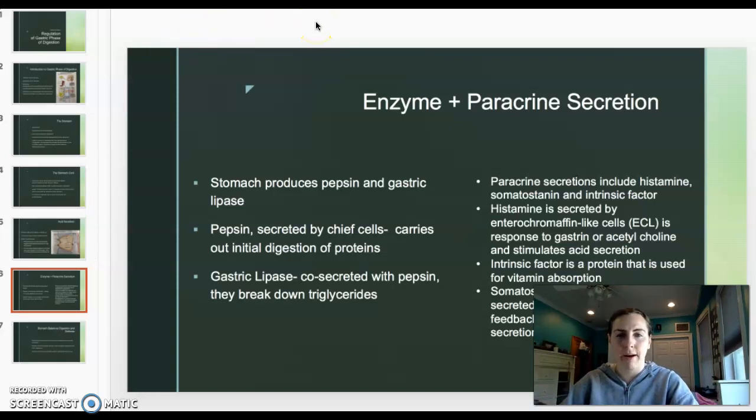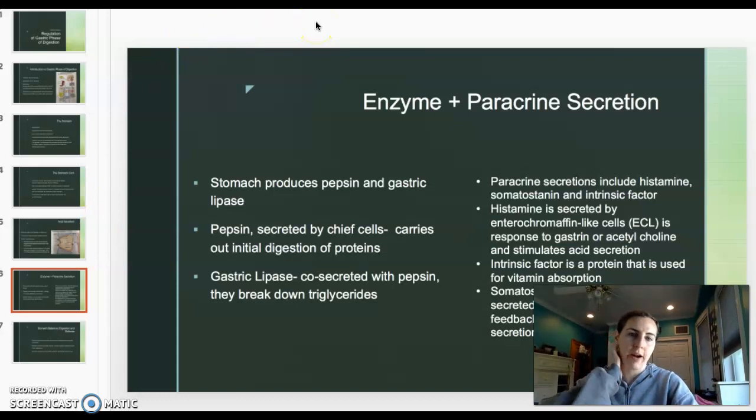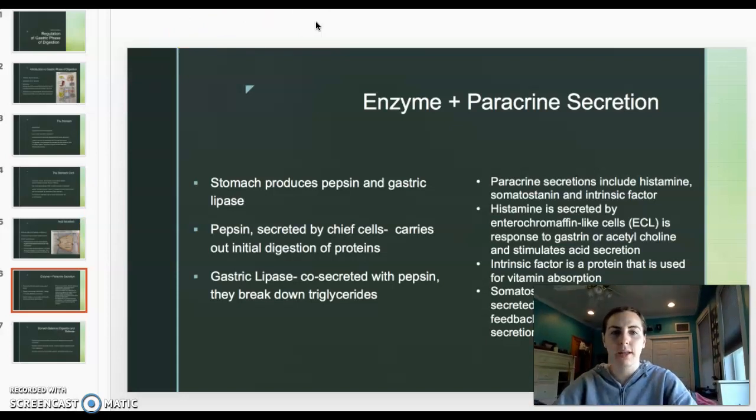Moving on to paracrine secretion. Paracrine secretion releases three very important paracrines: histamine, somatostatin, and intrinsic factor. Histamine is secreted by enterochromaffin-like cells, ECLs, in response to gastrin or acetylcholine, and ECLs stimulate acid secretion.